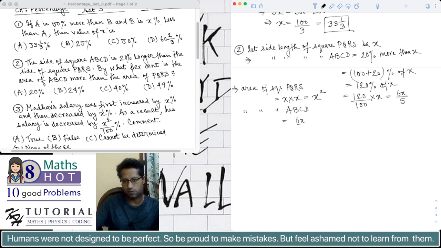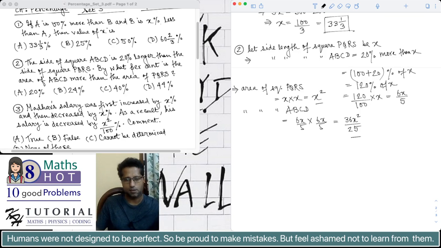So 6x by 5 multiplied by 6x by 5, which is equal to 36 x square by 25. So now we have to compare the area of square PQRS is x square and the area of square ABCD is 36 x square by 25, and we have to compare this.